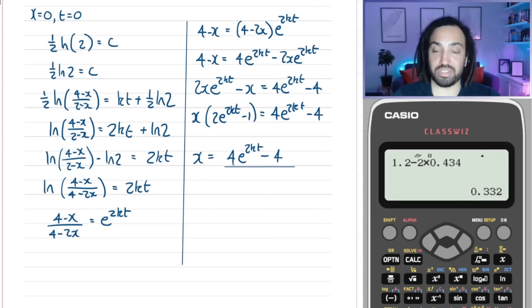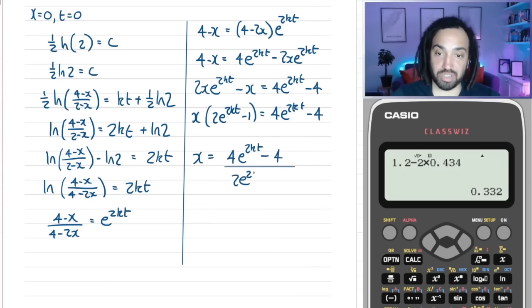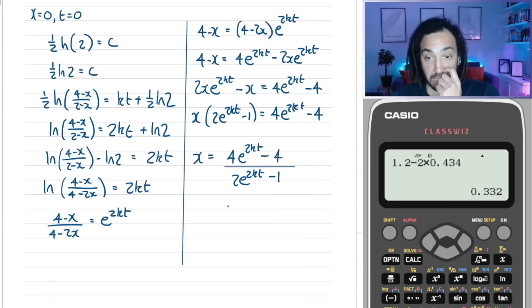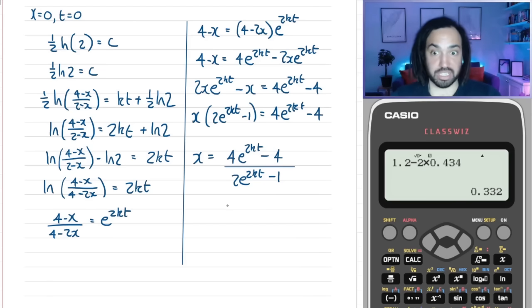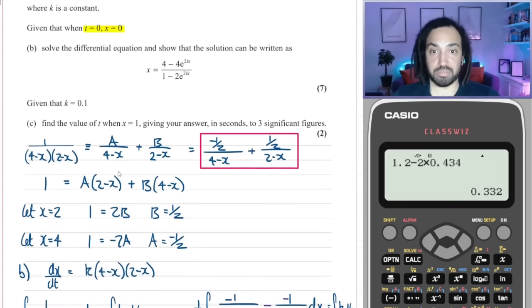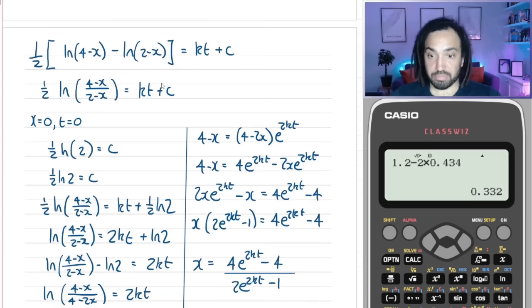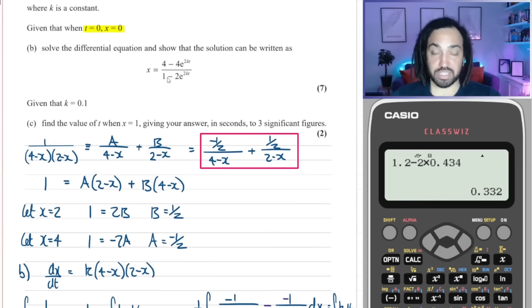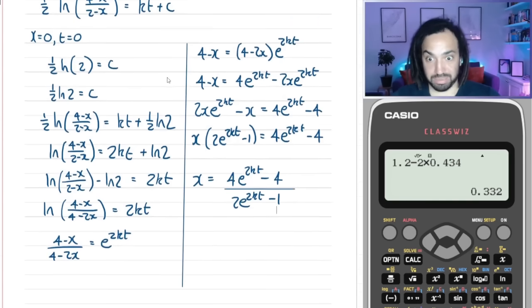Okay, so we divide through and we get this. Right, I think that's it. Fingers crossed. Is it the same? Yes, that is the same. It's just the negative of it. Okay, fine. That's scary.